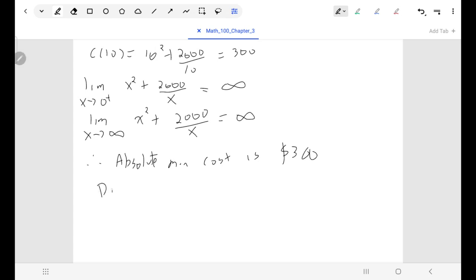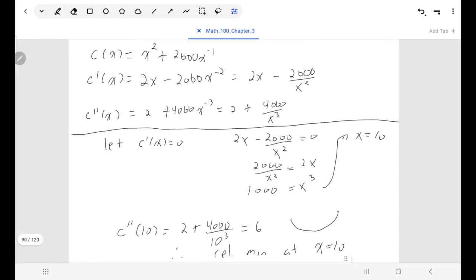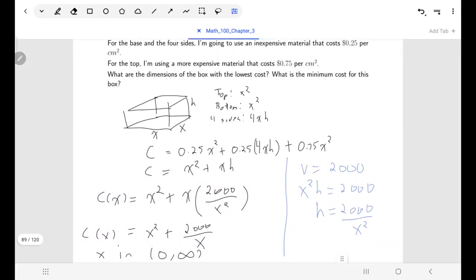And now we can talk about what are the dimensions that give us that $300 box. So the dimensions, we know that x is our base. So base is 10 centimeters by 10 centimeters. And then for the height of our box, this is where we need to go back to the original setting things up, where we said for this box, the height of it would be 2,000 divided by x squared.